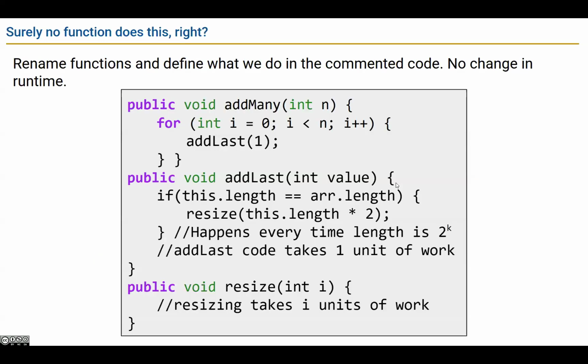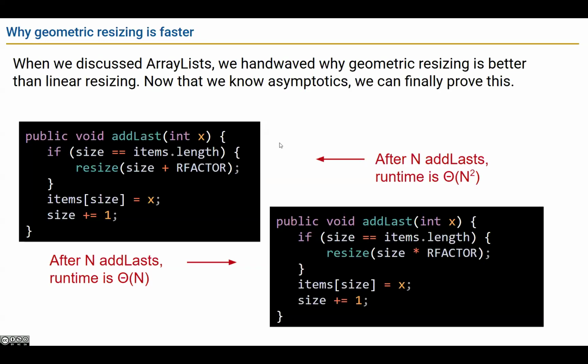If you do n total add lasts to an array list, then your total runtime is theta of n. If you do a similar analysis for additive resizing, you're going to end up getting theta n squared. So over the course of n total add lasts, you're going to get theta n squared with additive resizing, but you're going to get theta n with multiplicative resizing.